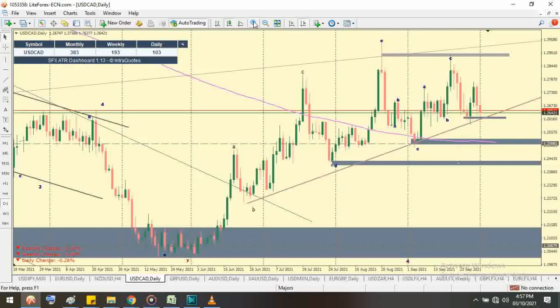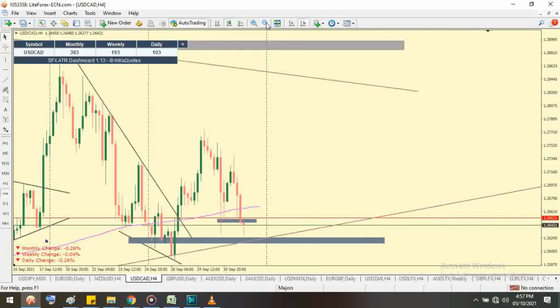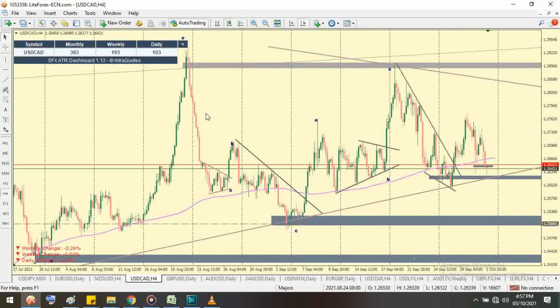You'll be looking for reasons to take trades with the highest probability. Trading is actually a game of probability, and you want to take trades when the odds are in your favor, when the probability of success is high, and also looking at the risk to reward value of what you're doing.